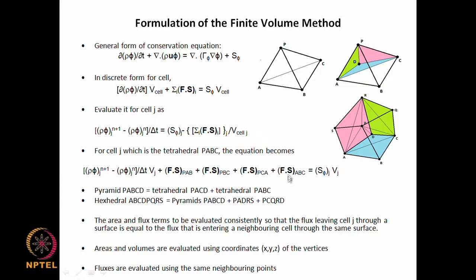So, over the 4 sides is equal to the source term S phi in the cell j times volume of cell j. So, this is the discretized form of the governing equation for a specific cell. Okay. So, this is for a tetrahedral cell with 4 sides here.